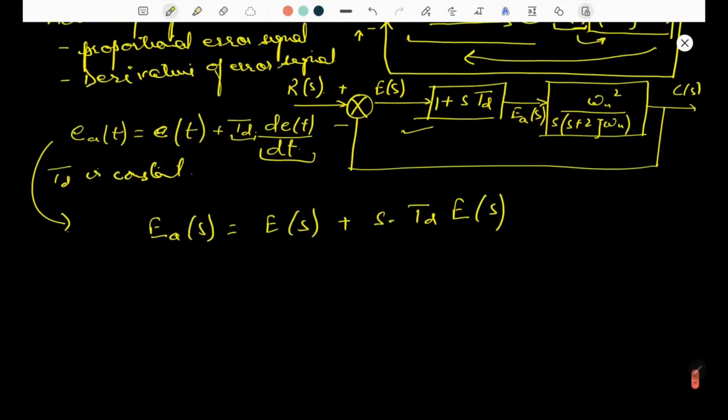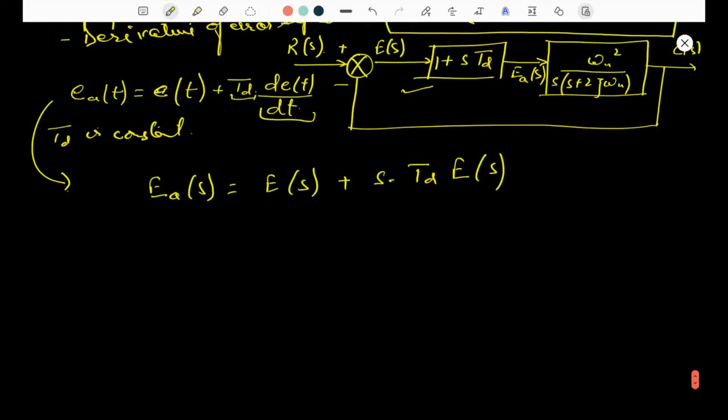Using this block diagram, let us write the overall transfer function of this closed loop second order system using derivative control.